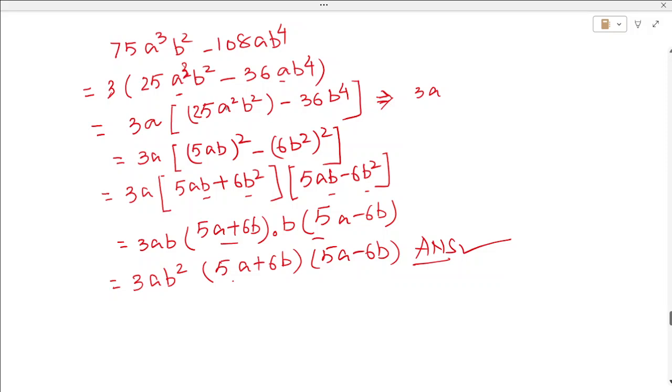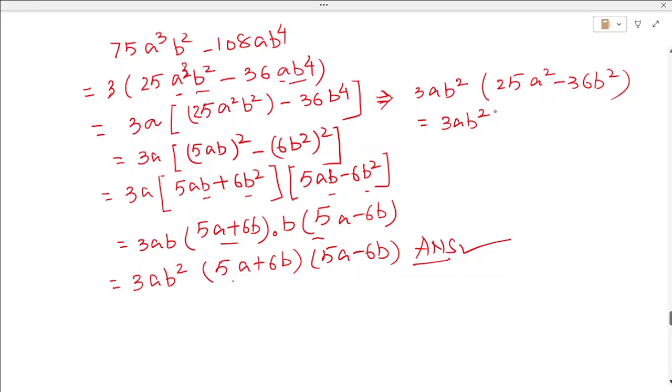When you have taken the common a from here, you can take b square common. From b square and b to the power 4, we can take b square common. So we have taken out b square common, and inside the bracket we are left with 25a square minus 36b square. So it will become 3ab square, correct?